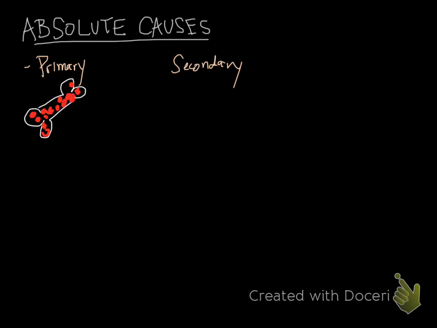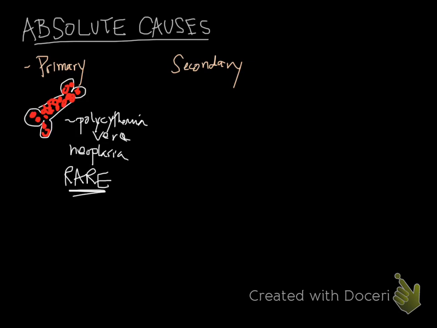And so you get tons and tons of red blood cells, and this we call polycythemia vera, and it's actually a neoplasia of mature red blood cells. And the most important thing to remember is that it is exceedingly rare and a diagnosis of exclusion.